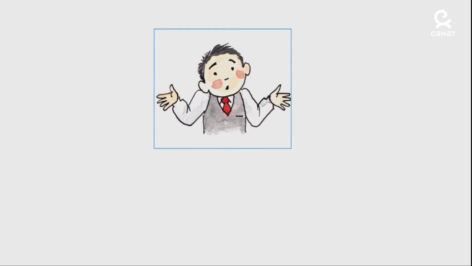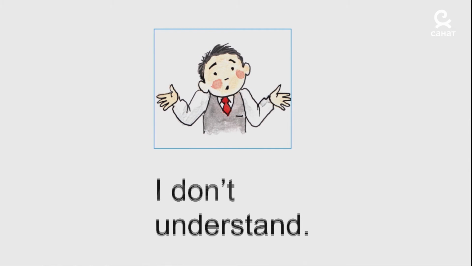I, then the word don't. D, O, N, apostrophe, T. Understand? U, N, D, E, R, S, T, A, N, D. Great. I don't understand. The next picture.